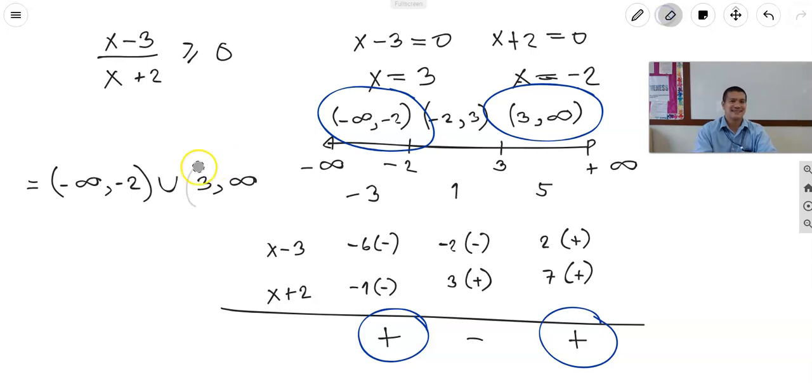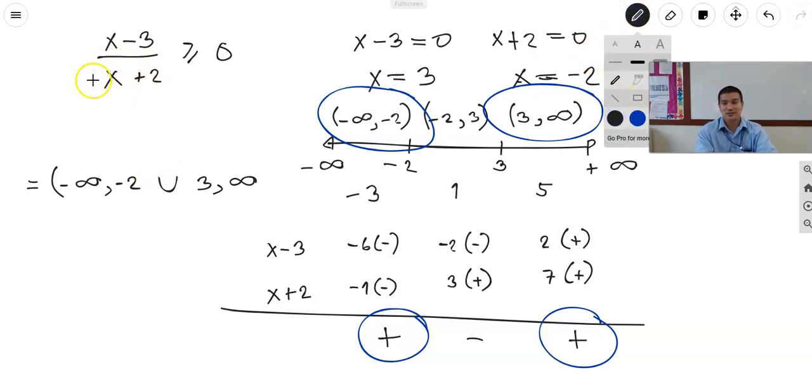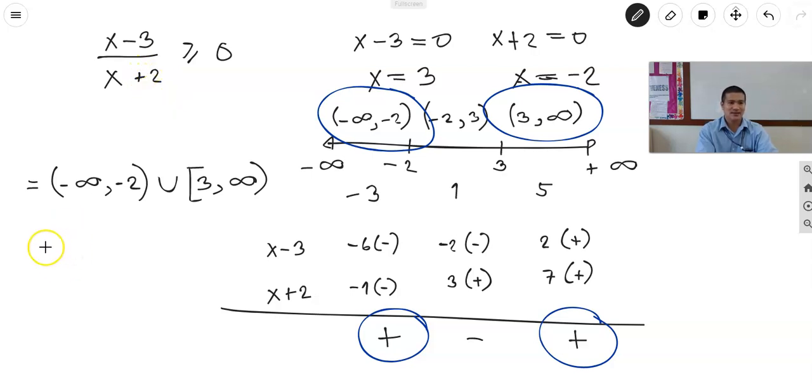Wait. That's not the correct answer, because when you check your solution, you have to check that the denominator will not be equal to 0. That's where the parentheses and the brackets come in. What is the difference between the two of them? If 3 is put into the value of x, will the expression not be equal to 0? So let x equal 3.